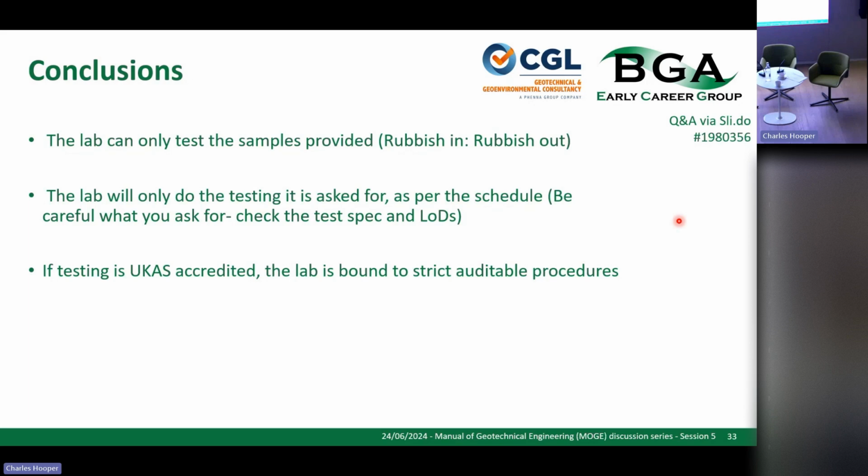That needs to be done at the sampling stage. And then you need to include that in your spec and your LODs and what you ask the lab to do. And if your testing is UKAS accredited, the lab is bound to follow process and there is no wriggle room. If their time periods deviate, if their statistics deviate, you're going to get a deviating result.